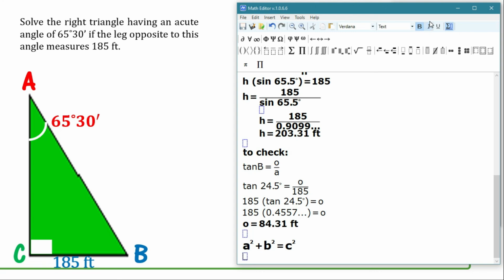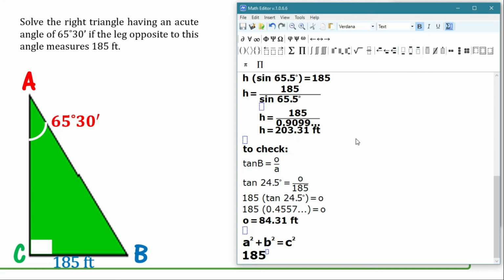And we are going to get the square of that. So, that is 185 square plus b square. That's gonna be the adjacent side. Yung kinuha natin kanina, that's gonna be 84.31 feet. So, we have 84.31 square equals the value of our hypotenuse, or c square.